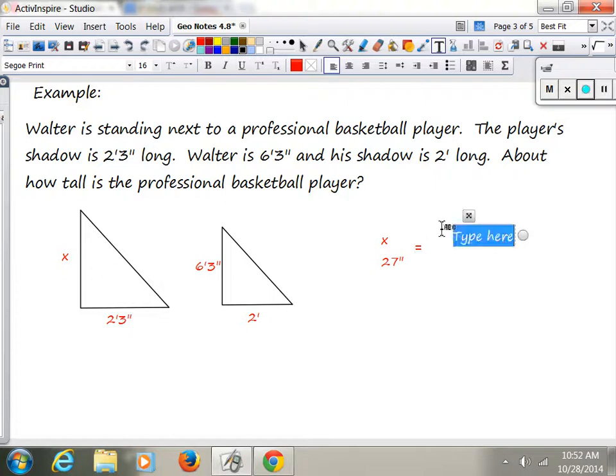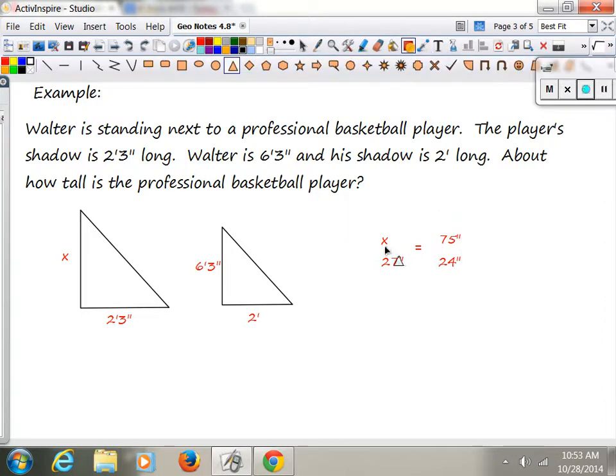So I would need to do 75 inches over 24 inches. That would be consistent. I would be doing height over shadow equals height over shadow.